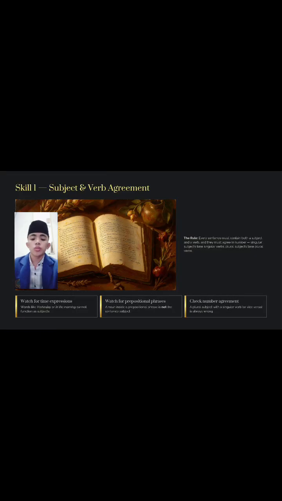Let's go to slide number 3, Skill 1: subject and verb agreement. For the rule, every sentence must contain both a subject and a verb, and they must agree in number. A singular subject takes a singular verb, a plural subject takes a plural verb.